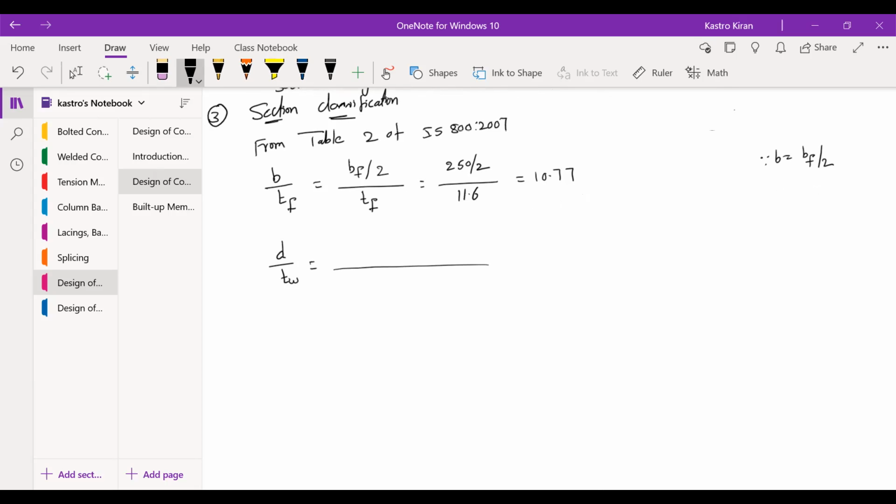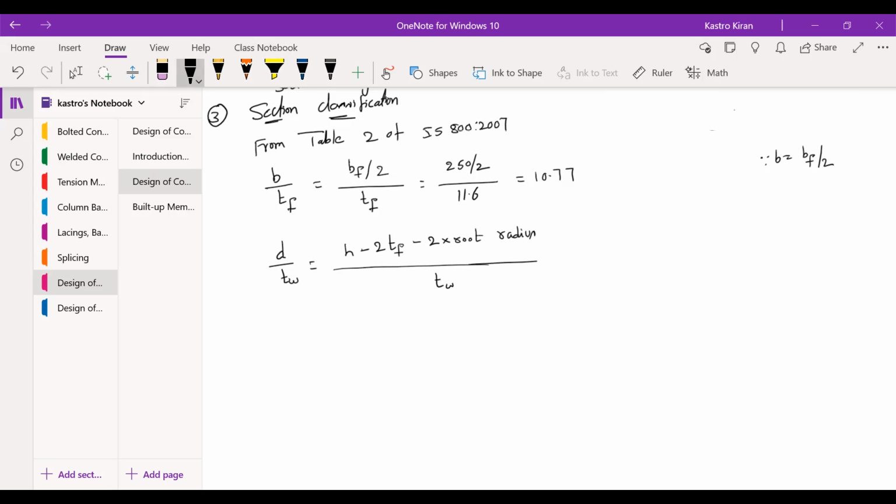You have a formula: height of the section, that is H, minus 2 times the thickness of the flange, minus 2 times the root radius. Let's check what the root radius is after writing down this formula. Root radius divided by thickness of web.